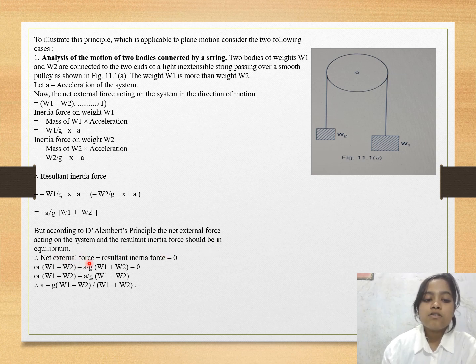The net external force is W1 minus W2, as we have already done here, plus the resultant inertial force. By taking these two, we find the acceleration as a equals g times (W1 minus W2) divided by (W1 plus W2).